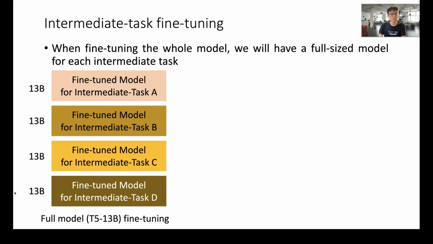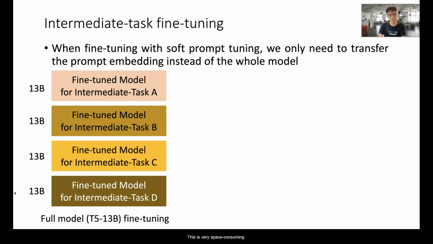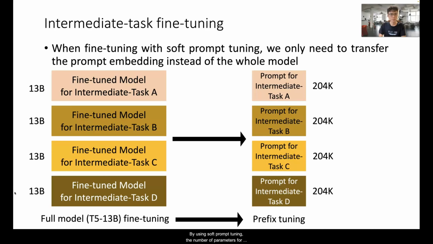For example, fine-tuning the largest T5 model on an intermediate task results in a downstream model with 13 billion parameters, and fine-tuning on 4 different intermediate tasks results in 4 models of the same size. This is very space-consuming, and this is exactly why we have parameter-efficient fine-tuning. By using prompt tuning, the number of parameters for each intermediate task reduces to about 200,000.